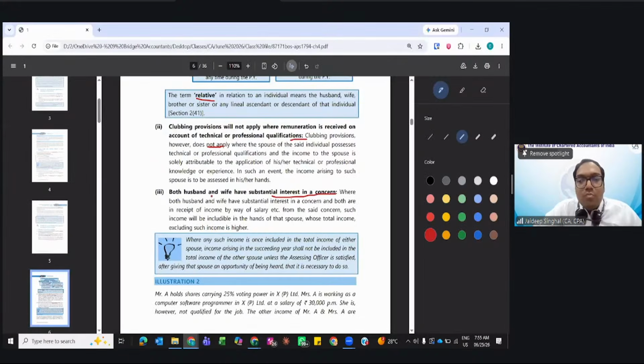It says both husband and wife have substantial interest in the concern. Where both husband and wife have substantial interest in a concern and both are in receipt of income by way of salary, etc. from the said concern, such income is includable in the hands of the spouse whose total income excluding such income is higher.